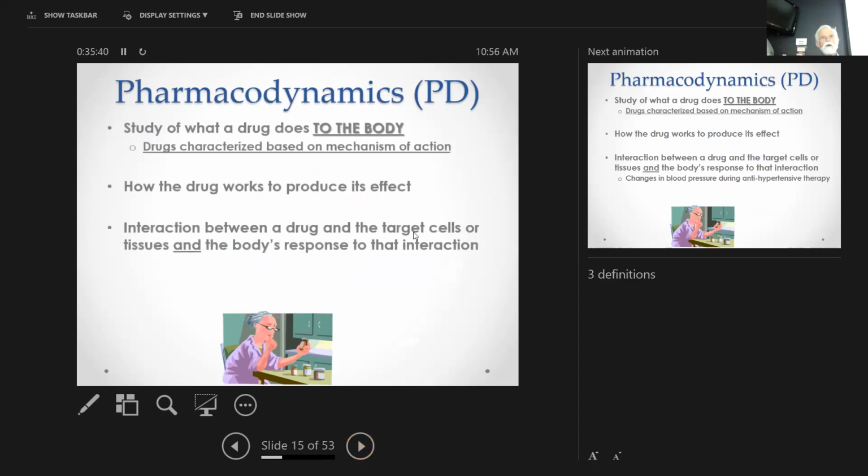To go back to aspirin, when we inhibit cyclooxygenase, we inhibit a pathway that leads to the generation of what we call inflammatory mediators, other compounds that raise tissue and general body inflammation. And so that's the body's response, is to not generate those mediators. So that's what that is related to.